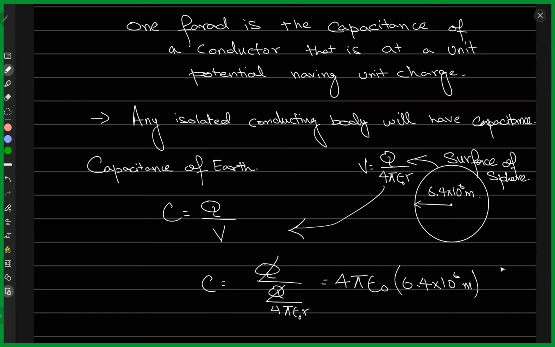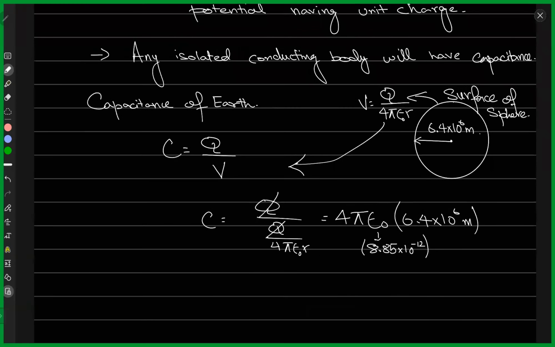And this permittivity is 8.85 into 10 raised to power minus 12, right? Now if you do the math, this gives you a capacitance for the Earth of about 700 into 10 raised to power minus 6, which is 700 microfarads.